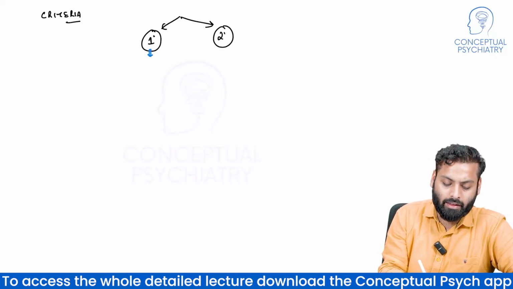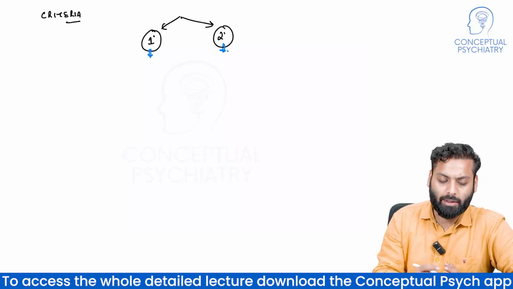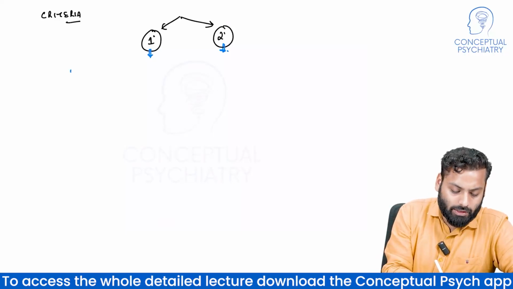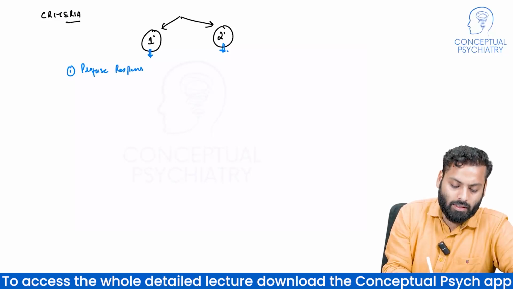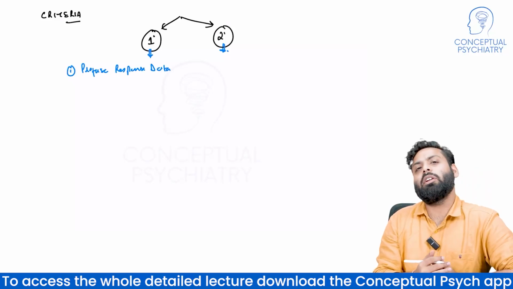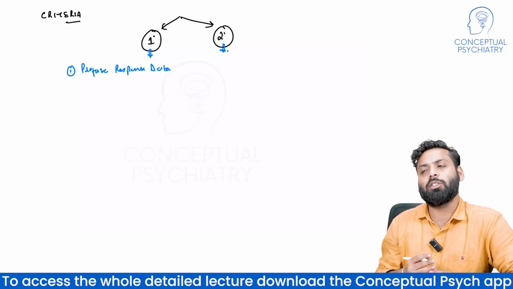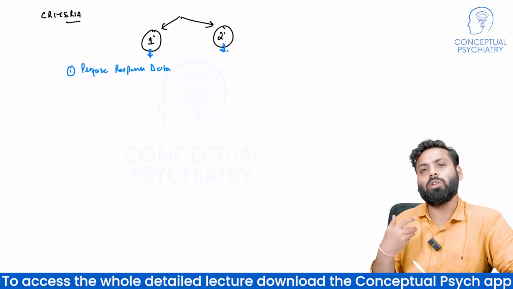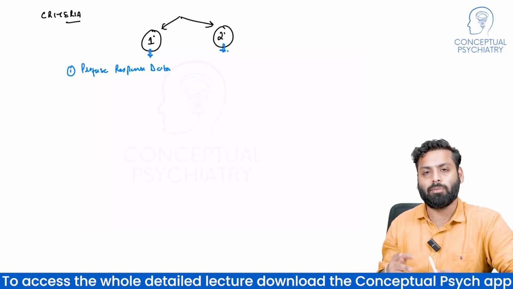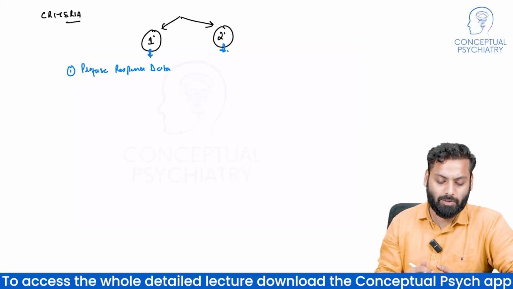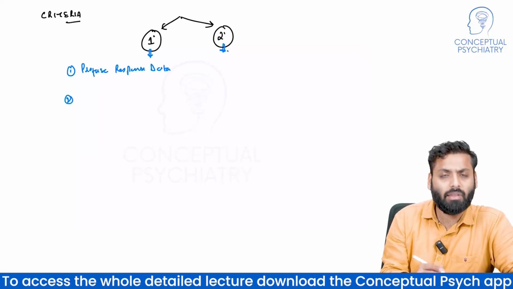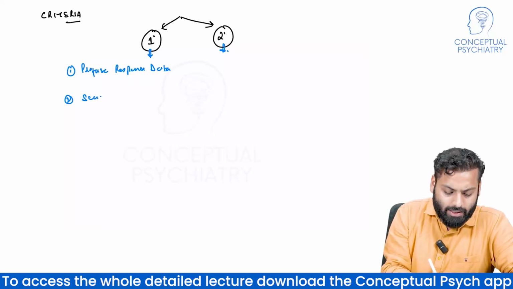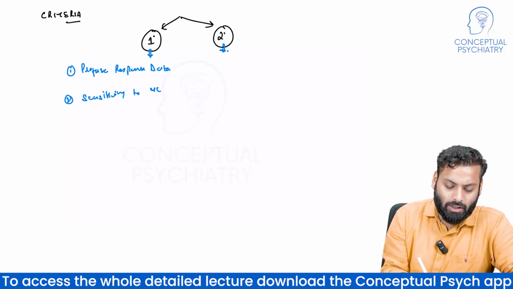Okay. Primary criteria. It should produce profuse response data. The response should not be very limited. The test should be such that the responses are in a large number. We get profuse response data. Then the test should have sensitivity to the unconscious.